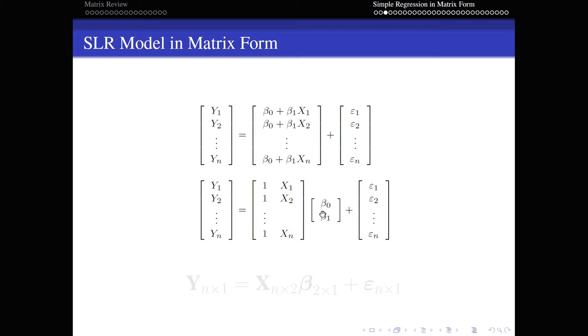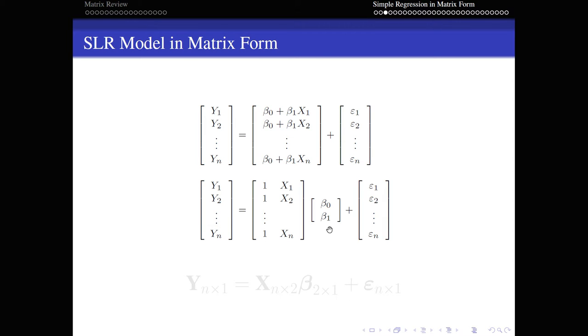In this construction, if I multiply this matrix times the column vector of betas, the first row gets multiplied by the first column, so beta 0 gets multiplied by the column of 1s, and beta 1 gets multiplied by the second column, which gives us the same thing that we have in the first vector here. So this representation is mathematically equivalent, and it's because of how matrix multiplication works.